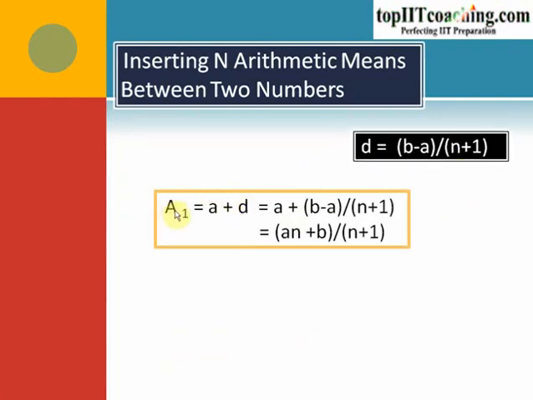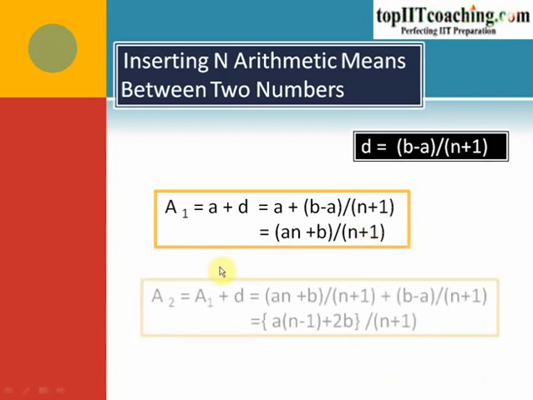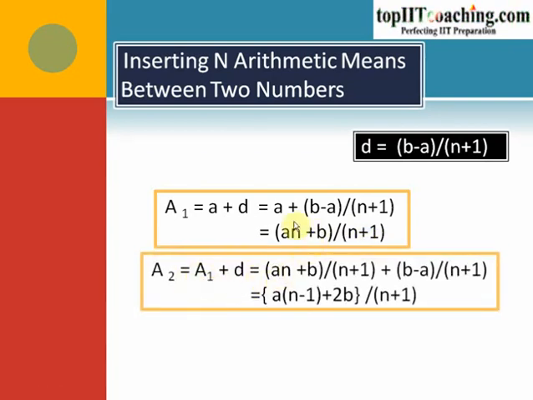Now the value of a1 would be equal to a plus d. We know the value of d, so we substitute to get a plus (b minus a) divided by (n plus 1). This becomes (an plus b) divided by (n plus 1). Similarly, a2 would be equal to a1 plus d, which is (an plus b) divided by (n plus 1) plus (b minus a) divided by (n plus 1). This becomes (a times (n minus 1) plus 2b) divided by (n plus 1).